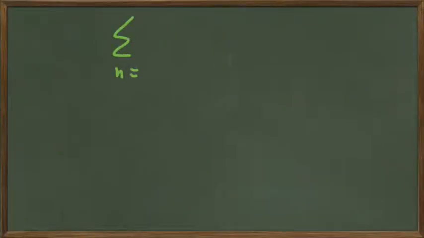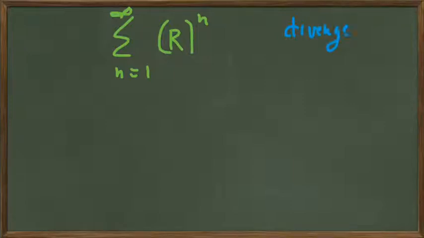If we have n equals 1 to infinity of a ratio r raised to the n, that is going to diverge if r is greater than 1, and converge when r is less than 1, and that's part of the proof of the root test, excuse me. Let's look now at the ratio test on the next blackboard, its formal definition.